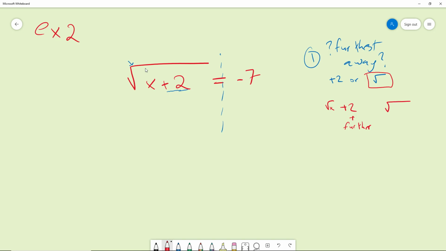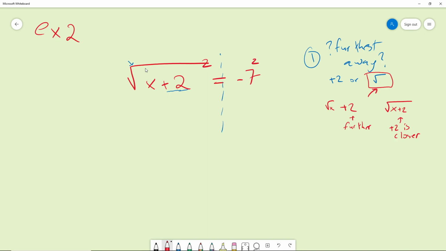But if it's all under the same root together, the plus 2 is closer. And this is just like the way I speak about it. So the opposite of the furthest away thing, square root, is going to be power of 2 to both sides.